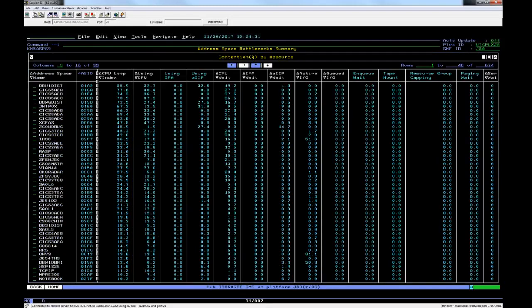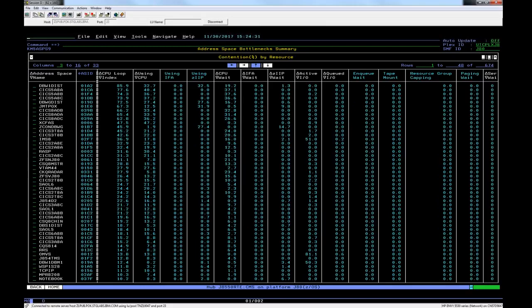So this shows us all of the address spaces and the execution and delay states of each of these address spaces. They are sequenced by what we call the CPU loop index, which is an interesting metric. The algorithms were developed over time to generate this particular metric. It gives you an indication, as its name might suggest, of whether an address space is looping or not.